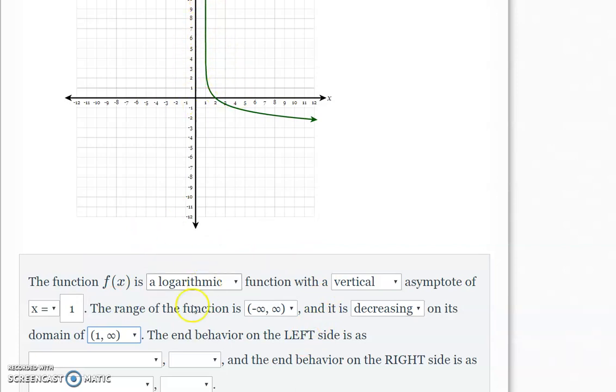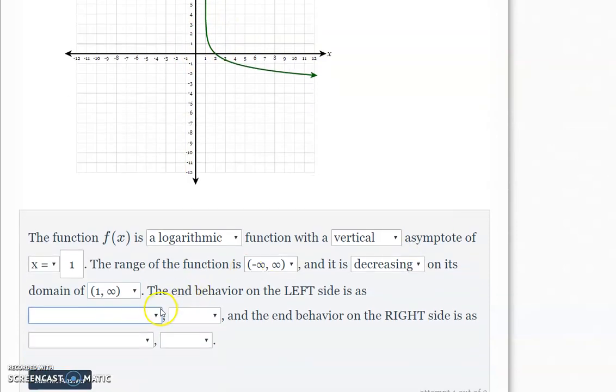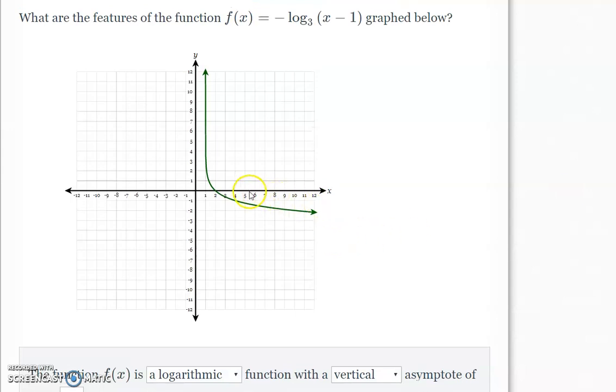On the left side, let's see what they have to say. It doesn't go to negative infinity because it has this wall at 1. So it's coming to 1 from the right, and it's going up toward positive infinity in terms of y values. In other words, as we go toward the left, it doesn't pass this, it stops at this asymptote.